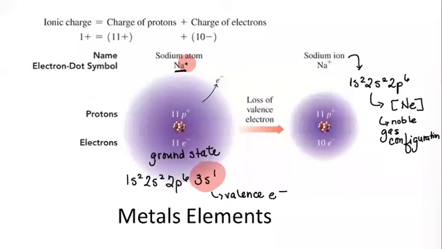At the atomic level, when you have a full valence shell, that gives you a level of stability. So many elements that are going to be either receiving electrons or losing electrons are going to be doing that because they want to reach the stability that those noble gases possess.